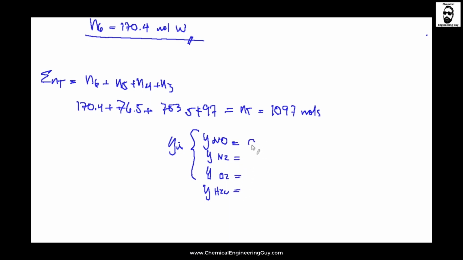This is 97. This is 753. As always, nitrogen, it's a lot. Oxygen and water. So just divide by 1000. 97, 1097, 1097, 1097.